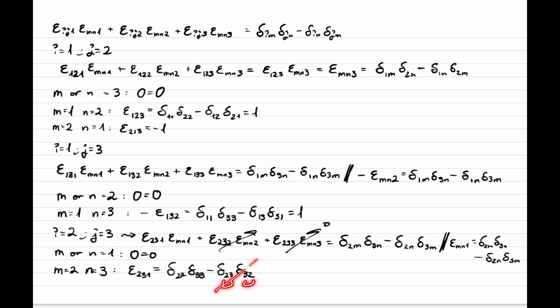So different indices is going to vanish, same indices, this is 1, same indices, this is also 1, so this is just going to be 1 for the right hand side. For the left hand side, 231 we read to the right, so this is an even permutation, thus this is going to be also 1. And as before, this also serves as a demonstration if we interchange both indices.